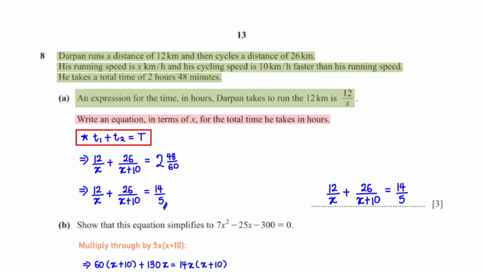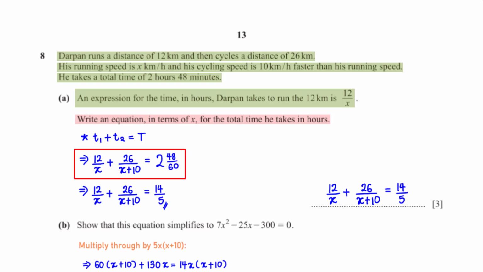The total time he takes would be equal to the time he takes for the first part of the journey where he runs plus the time he takes for the second part of the journey where he cycles. We've been given the total time as 2 hours 48 minutes. To convert 48 minutes to hours, we divide 48 by 60.